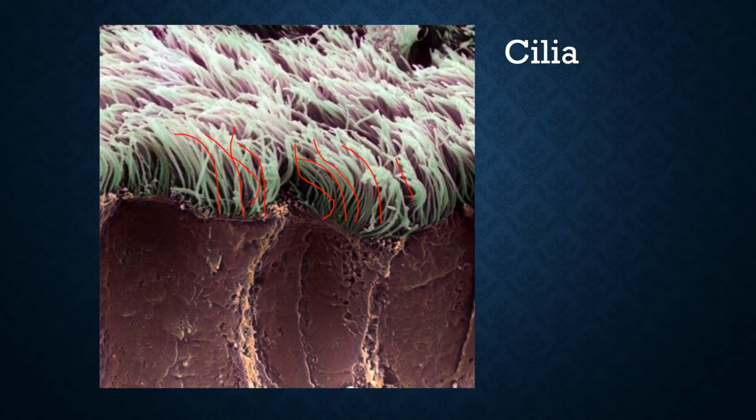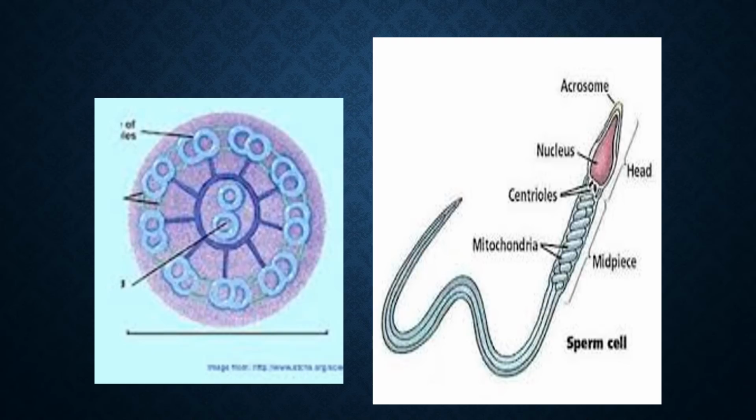And then, with the cilia, and we find this with flagella as well, which are just going to be longer extensions of microtubules, they have the same arrangement. We have 9 pairs of microtubules arranged around the circumference of the cilia. So let's look at this in the next slide.